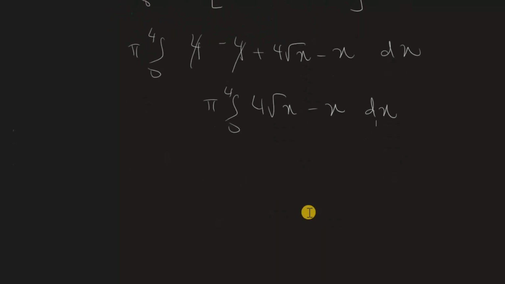Now we can integrate. There's no simplification needed. How do we integrate this? You see this is a square root, which can also be written as x to the power of half.